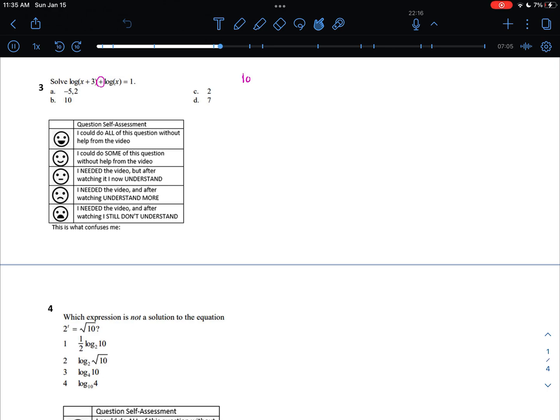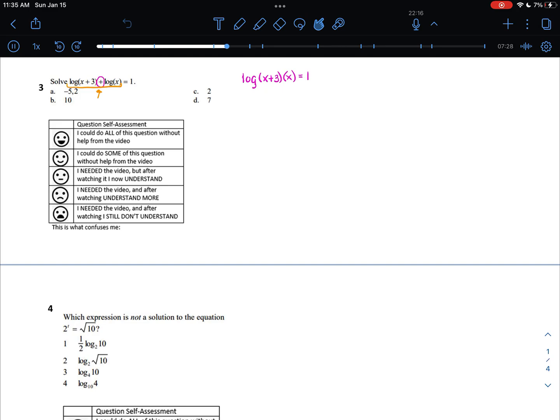So I could rewrite this as log of quantity x plus 3 times x. I'm getting that because of this right here becoming a product. And that is all equal to 1.